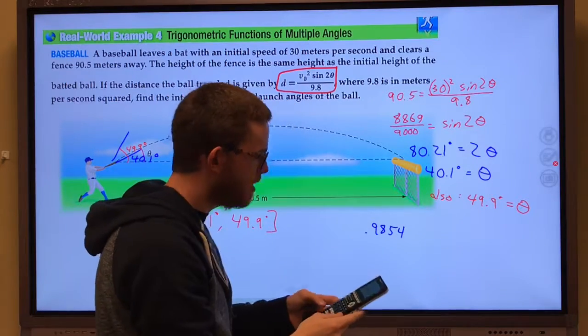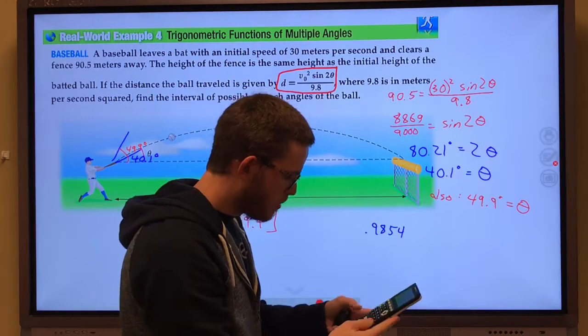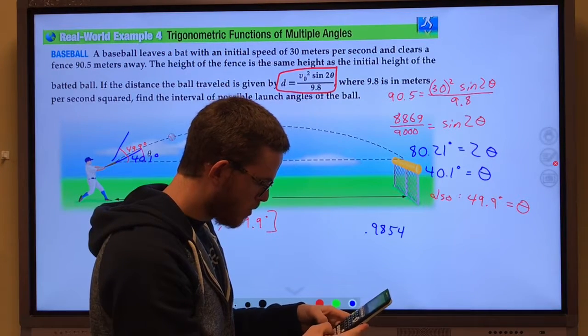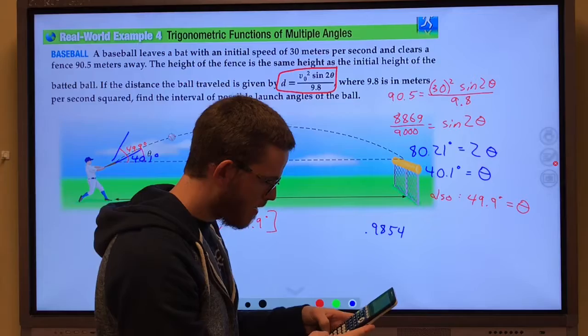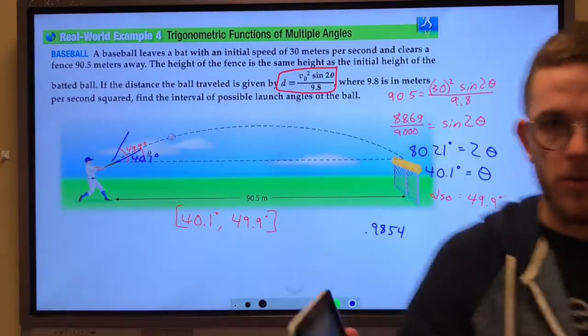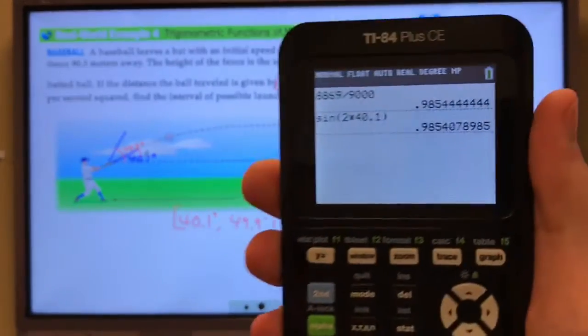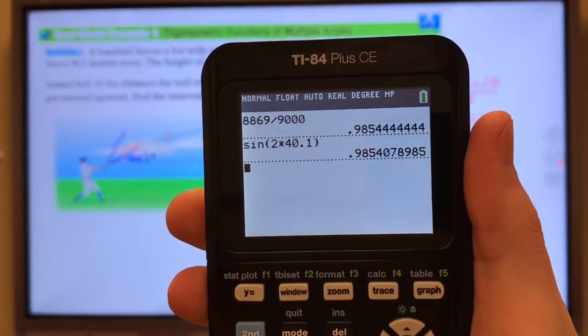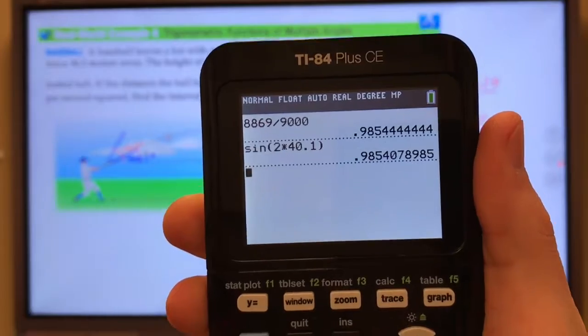Well, if I do sine of 2 times 40.1, I'll let you see it right there in the calculator, it gives me about the same value, 0.9854.